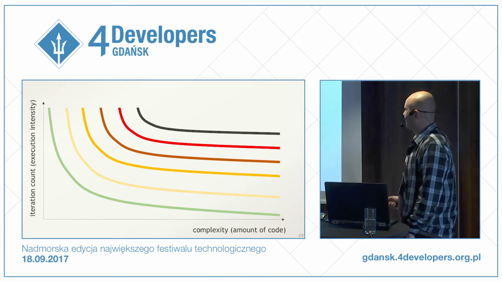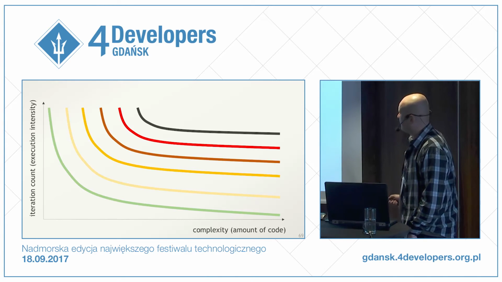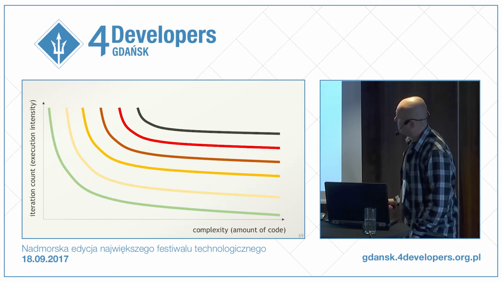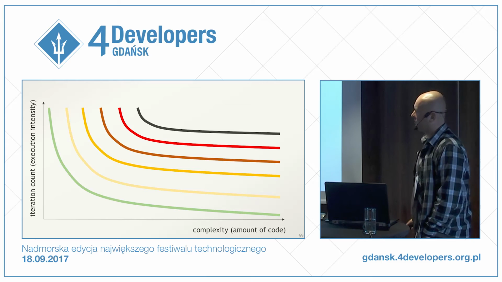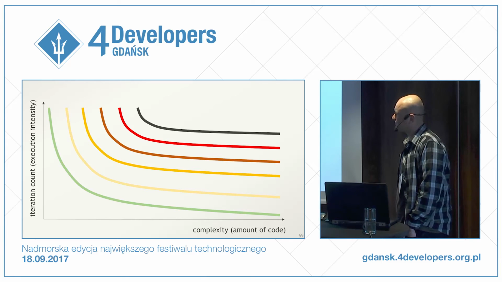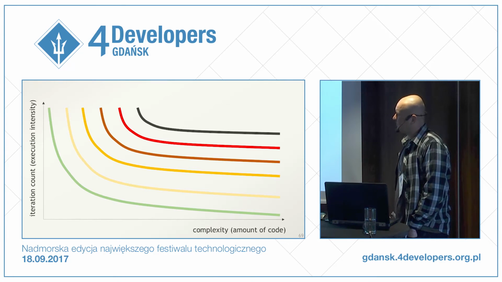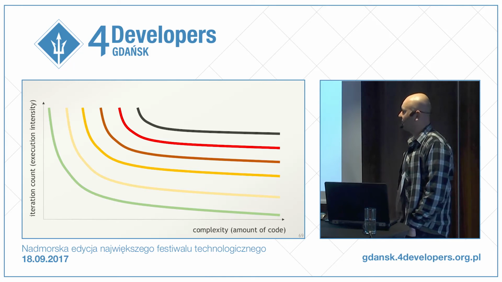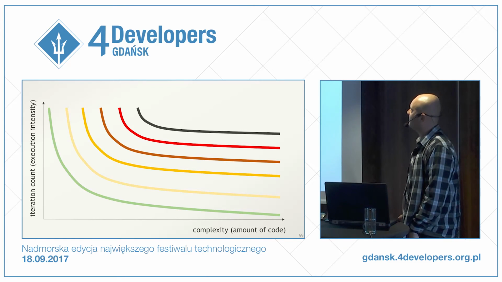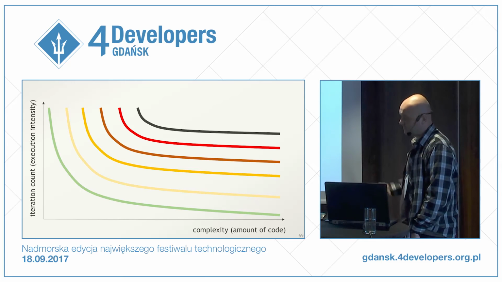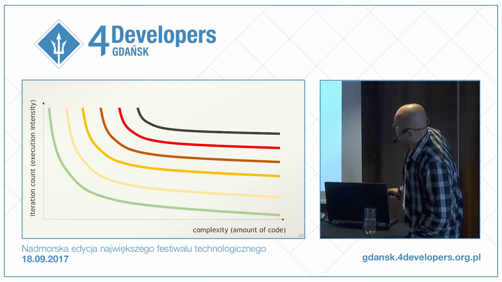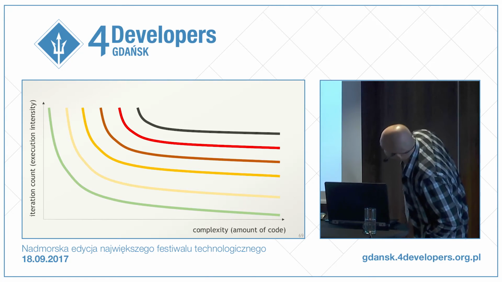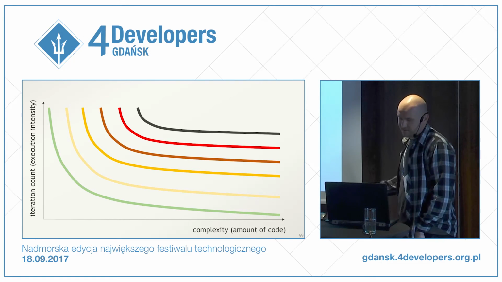So if you fall in low complexity or low number of iterations, then you probably do not need to optimize your code. But if you have a high number of iterations and high complexity, you see that you have to somehow find a way to optimize the code. So this ought to be a hyperbola, but it looks strange.